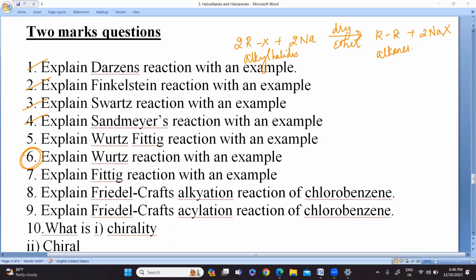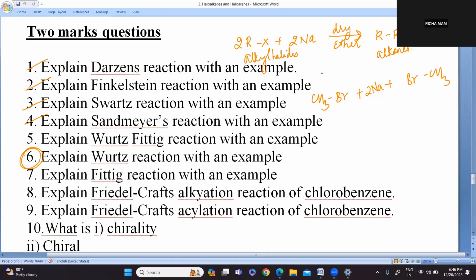Higher alkanes. I can give you an example. I'll take methyl bromide plus 2Na plus CH3Br. So what will be my product, students?